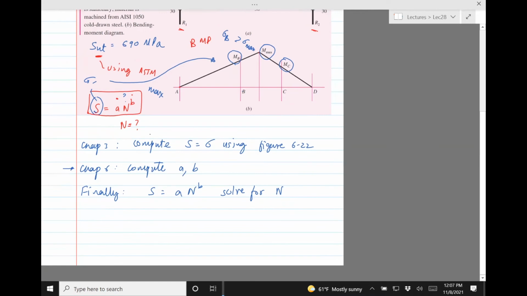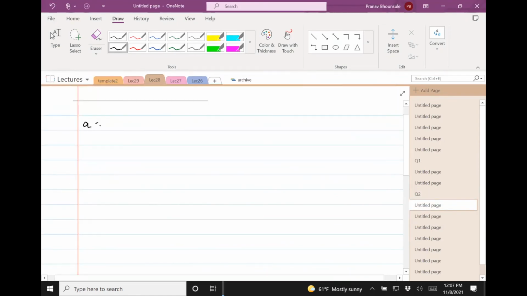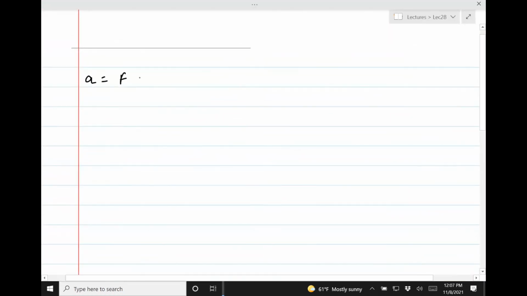Okay, so what's A? A and B are the factors, and I'm going to write the formulas, and then we can ask ourselves what are the things we need in order to find A and B. So A is, if I'm not mistaken, f SUT squared divided by SE, and B is one third log to the base 10 of the ratio of SE to f SUT.